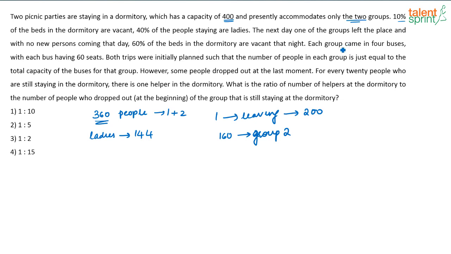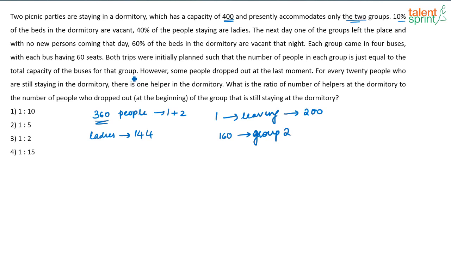Then next what is given? Each group came in 4 buses with each bus having 60 seats. Both the trips were initially planned such that the number of people in each group is just equal to the total capacity of the buses for the group. Now what does this statement mean?